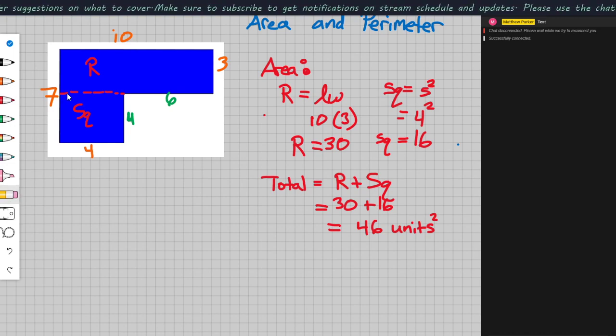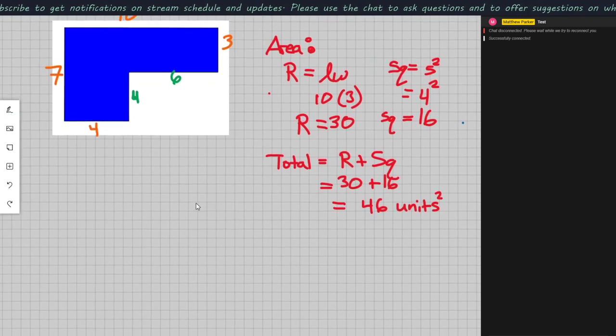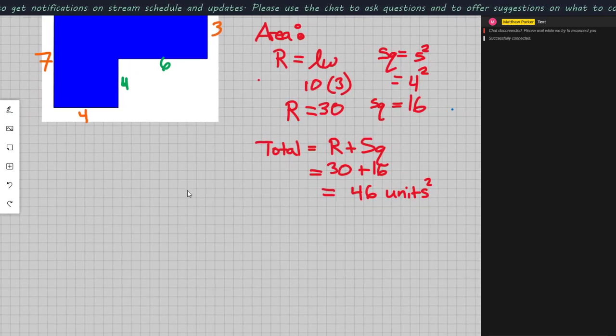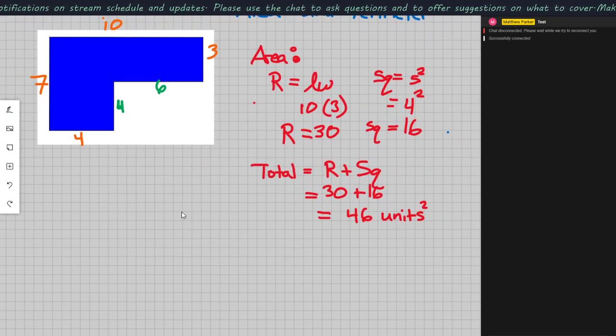I'm going to erase this. This time, black. So I'm going to solve this second way. So this is one way to do it. Here's another way to do it with the addition method. So cut it.